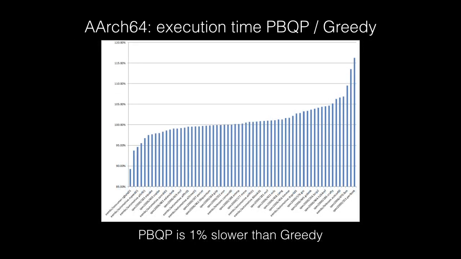So here is what we have. The 100% line means that PBQP and greedy are on par. And we can see that for some executables, we really get a big improvement. And we also have some regressions, let's say that.